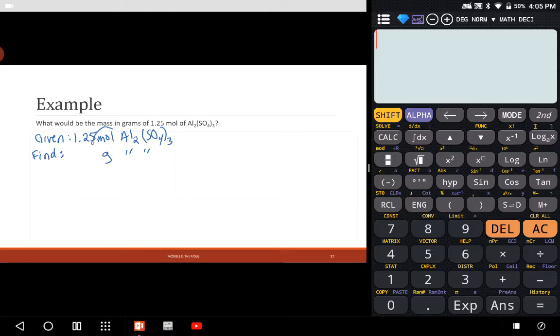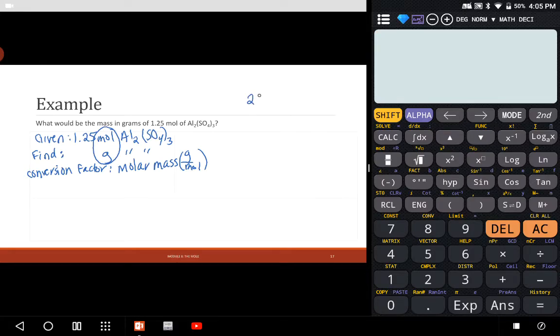And so I can see that the difference here is grams and moles. And so the conversion factor I will need is molar mass, which has units of grams per mole. I am not given the molar mass. That means I'm going to have to calculate it. And so I'm going to do that off on the side margin because it's not part of the main calculation. It's just something I'm going to need for my conversion.